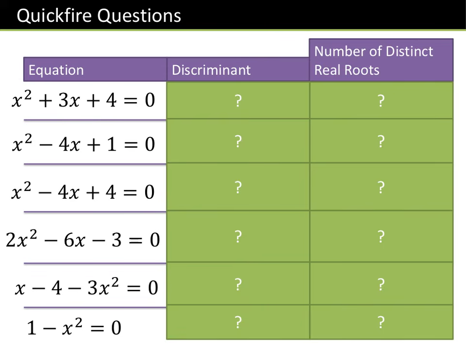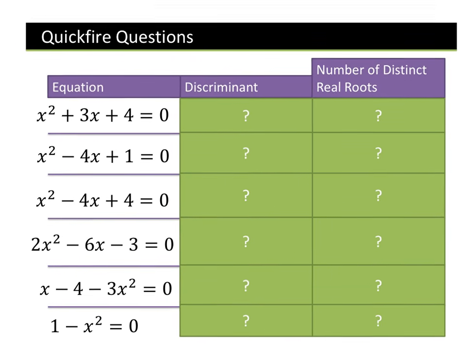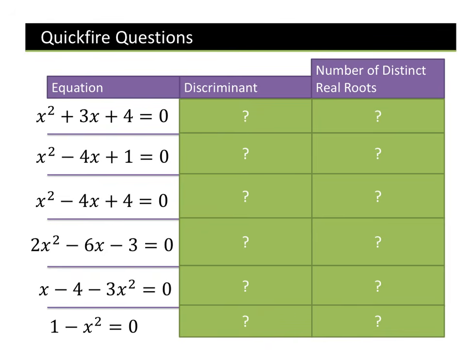Then we're going to do some quick fire questions. The discriminant is b squared minus 4ac. Remember your a, b, c.